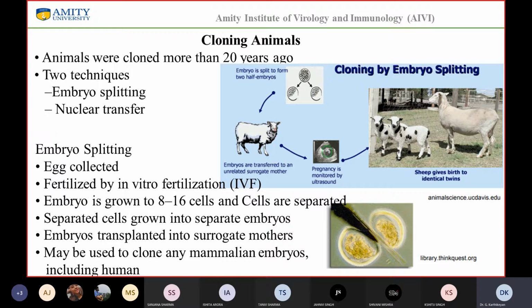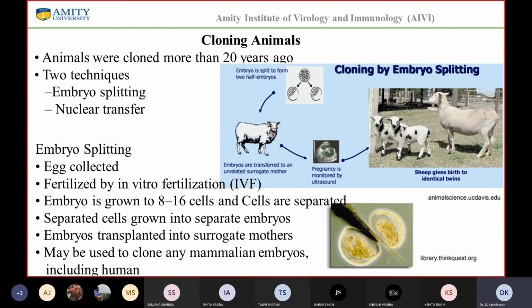That means from one fertilized egg, instead of one zygote, you can have 8 to 16 different progenies. These embryos are then transplanted into surrogate mothers, and this can ideally be used to clone any mammalian embryos, including human. The procedures have been fine-tuned to such an extent that even this process is applicable to humans.